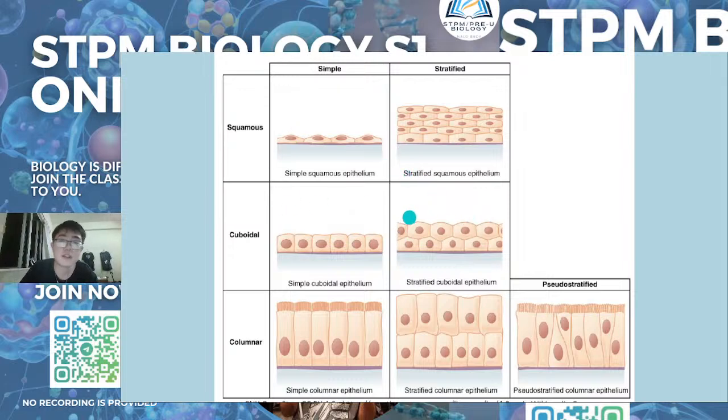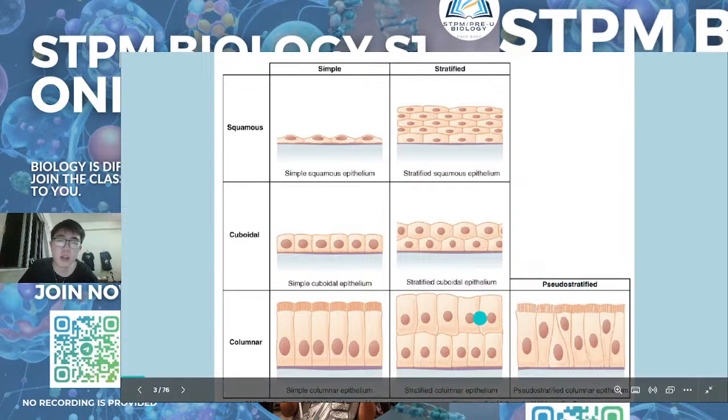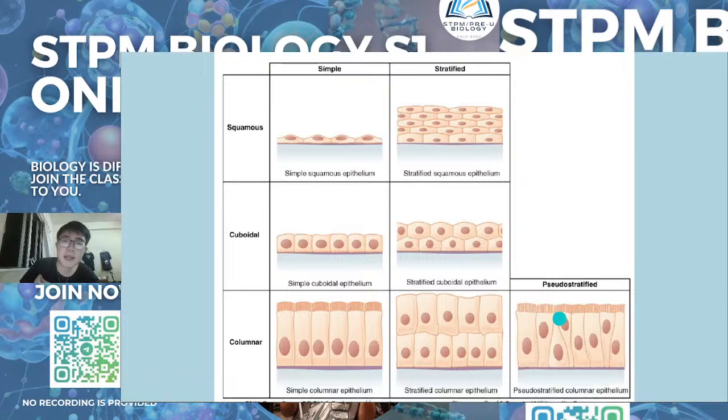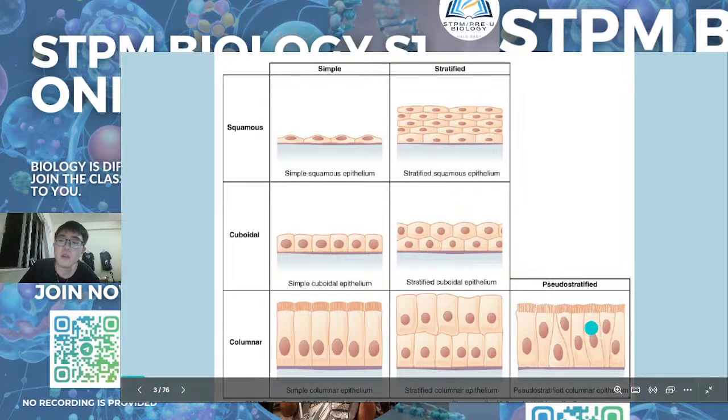Although the difference is small, they have different functions. The other special one is pseudo-stratified. We cannot simply say that it is also columnar. If you look at the structure here, it looks like stratified, but actually it has only one layer. Some structures seem to have two layers, but actually there is only one layer.